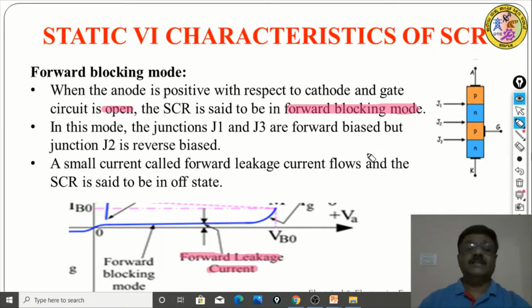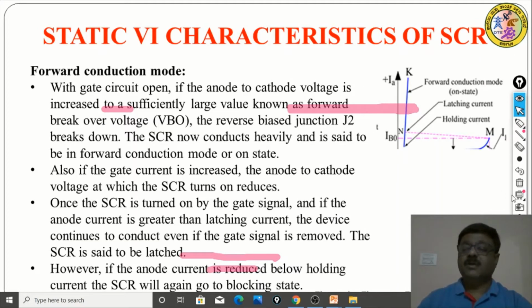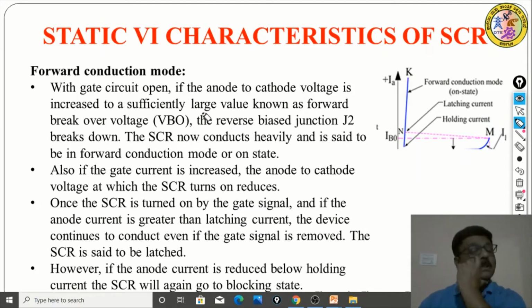Next, let us see the forward conduction mode of the SCR. In this mode, keeping the gate circuit open, we vary the forward voltage to greater than the forward breakover voltage.